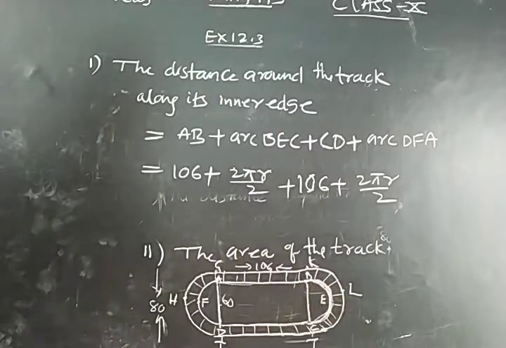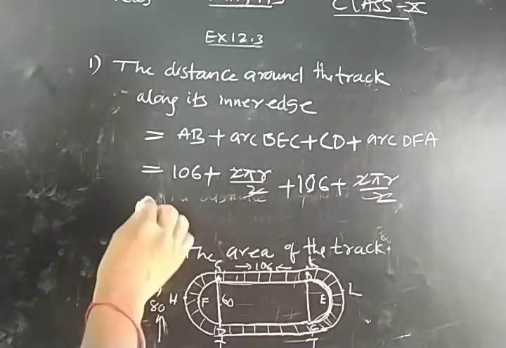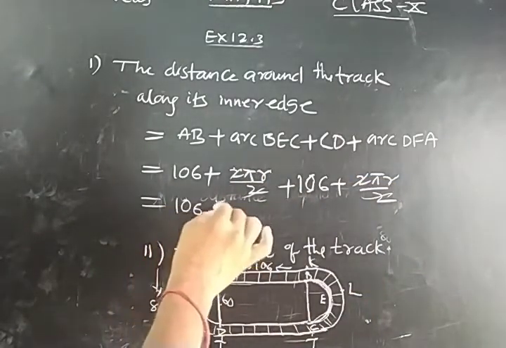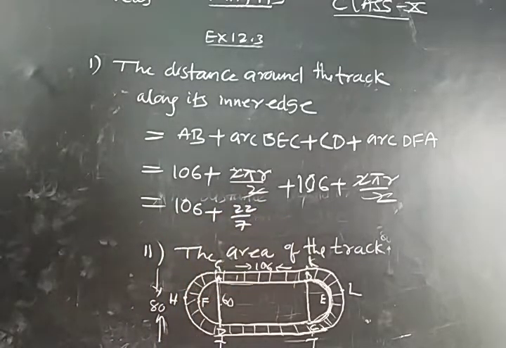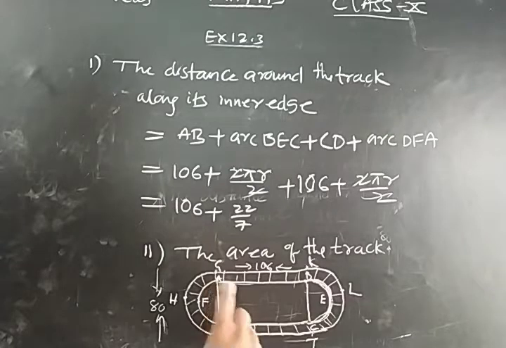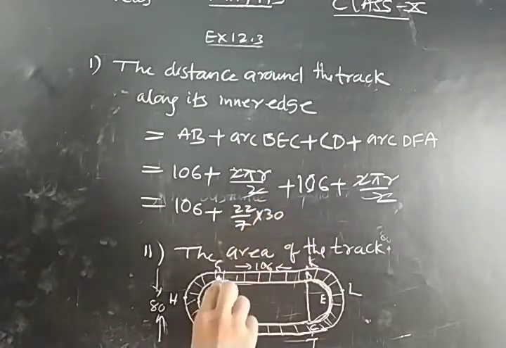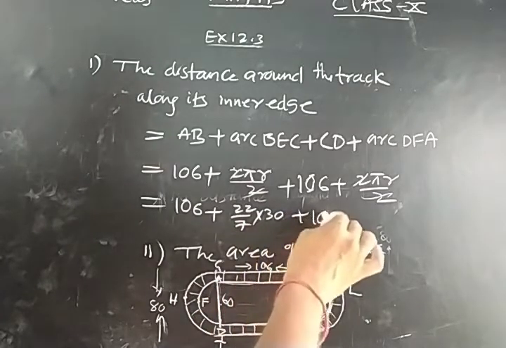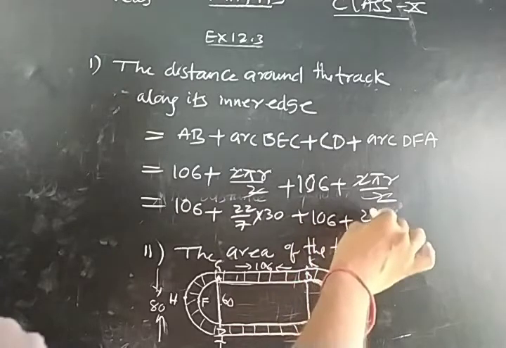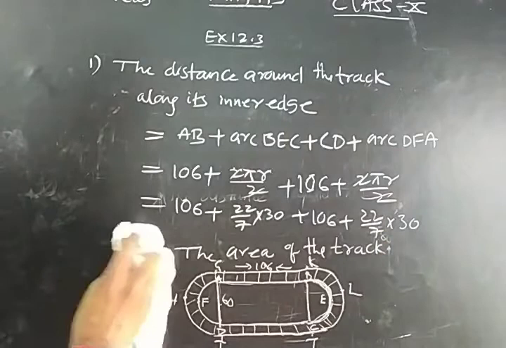Now the 2s cancel. 106 plus pi value 22 by 7 into r. What is the r value? Diameter is 60, so radius is 30. Observe the figure. Plus 106 plus again 22 by 7 into 30, right?